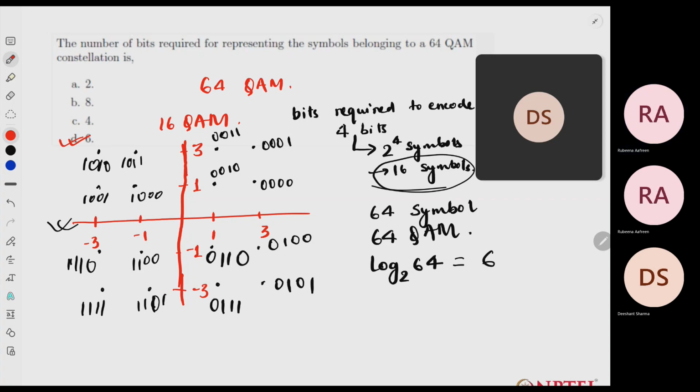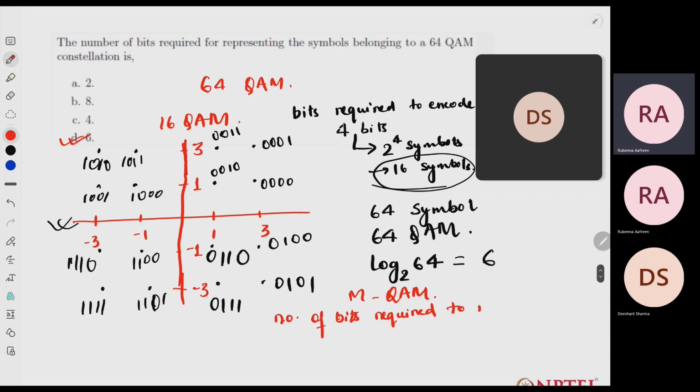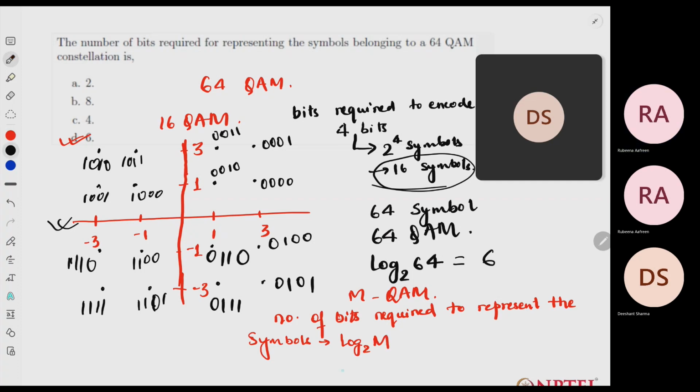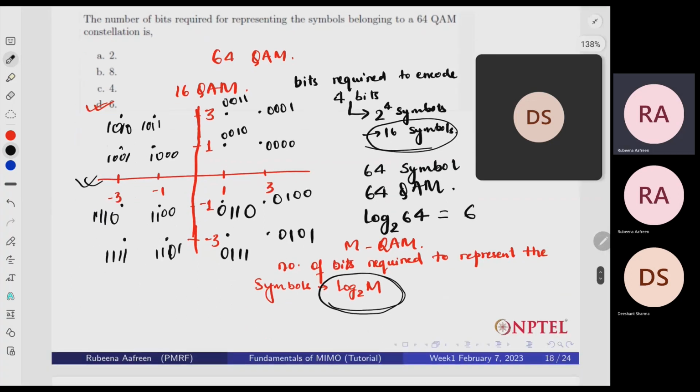Here, if any M-QAM is given, then the number of bits required to represent the symbols would be log to the base 2 of M. Now we will move on to the next question.